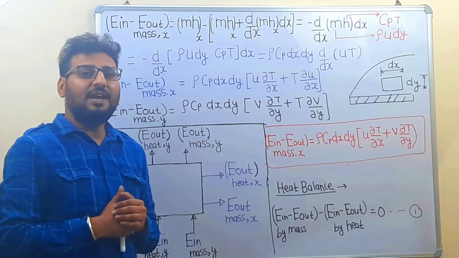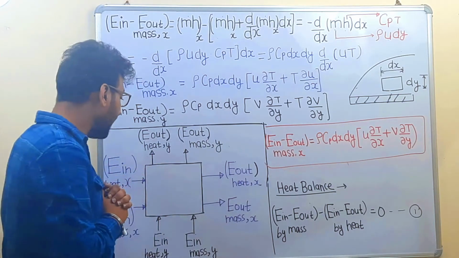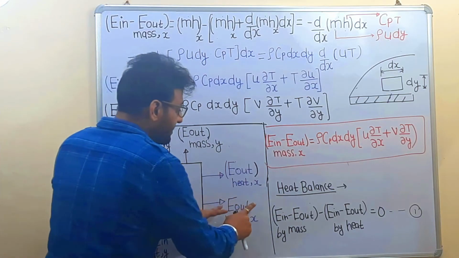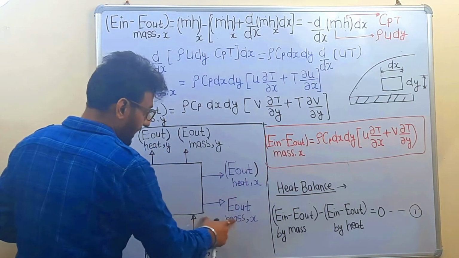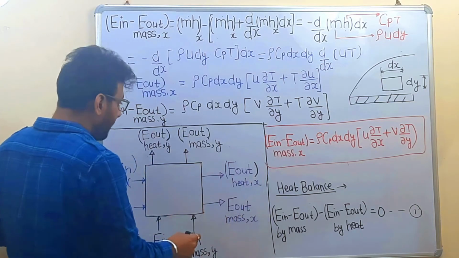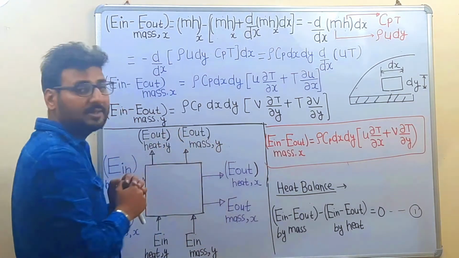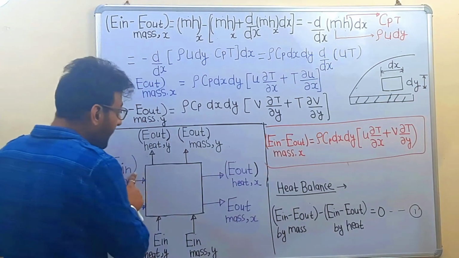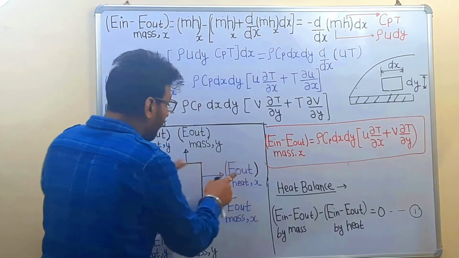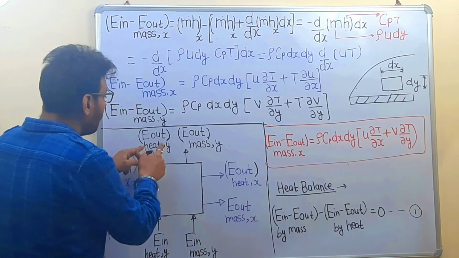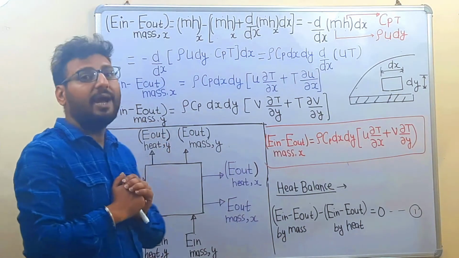Hence, to derive the energy equation, we need to determine energy in minus energy out by mass in x direction, energy in minus energy out by mass in y direction, energy in minus energy out by heat in x direction, and energy in minus energy out by heat in y direction.